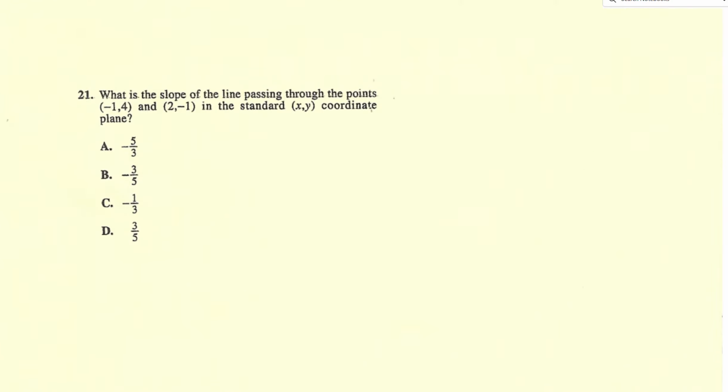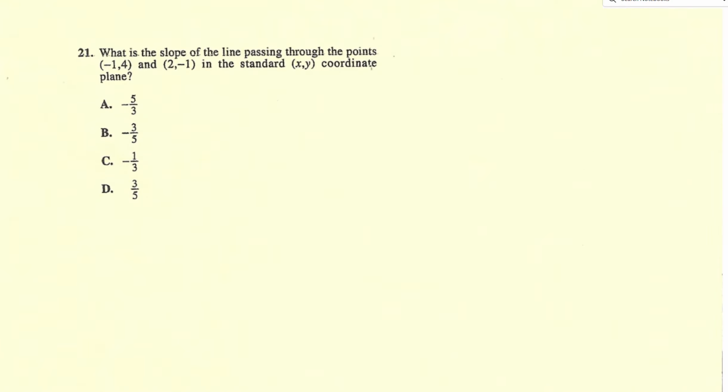Okay, let's take a look at number 21. It says, what is the slope of the line passing through the points (-1, 4) and (2, -1)? All right, I'm going to write that word minus so that I can be careful with my signs. Remember the formula. Your y's are on top, your x's are on the bottom.